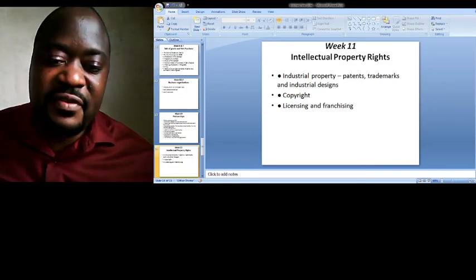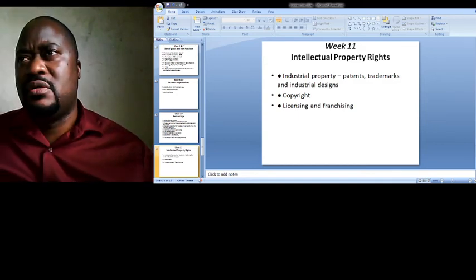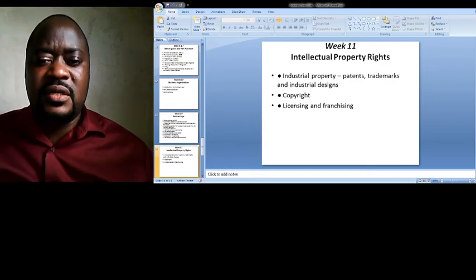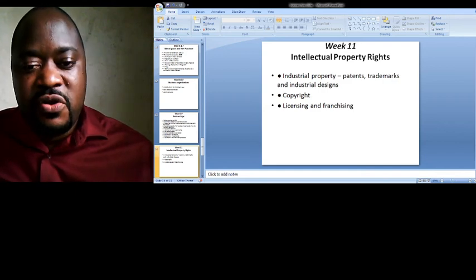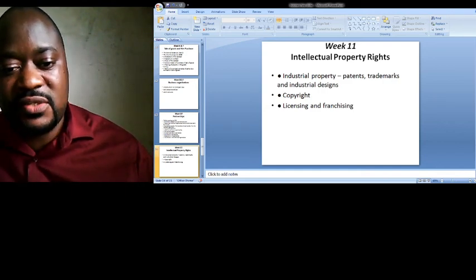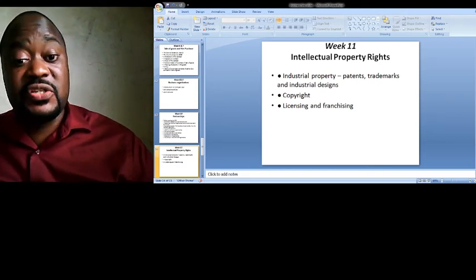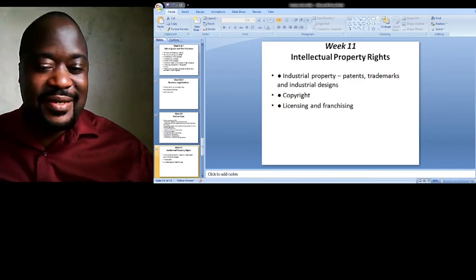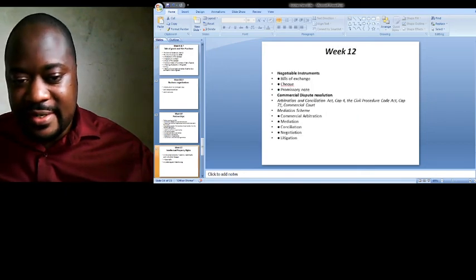Some of you have invented something, or probably you're on the road to invention. So how do you protect that invention from encroachment? Now that is what we'll be looking at under intellectual property rights. We'll look at industrial property, that is patents, trademarks, and industrial designs. We'll look at copyrights. We'll look at licensing and franchising.